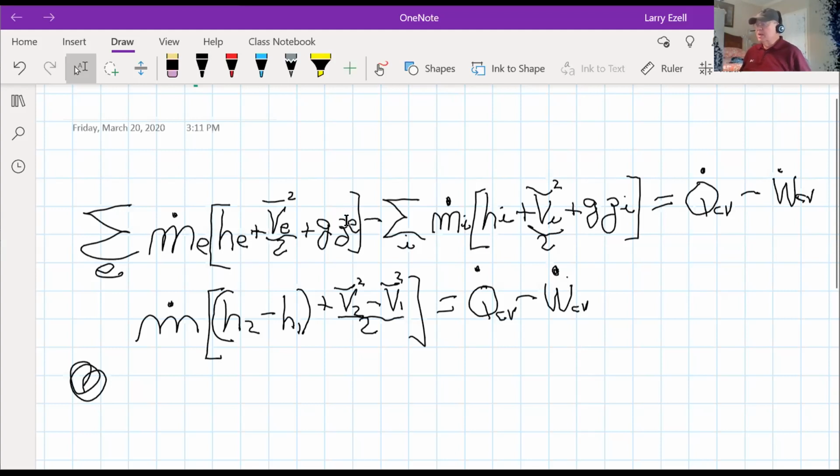So this says that the sum of all those exiting the control volume, minus the sum of those similar streams entering the control volume, i for entering, is equal to the heat transfer of the control volume minus the work of the control volume. These are all rates. You see the dots on them.